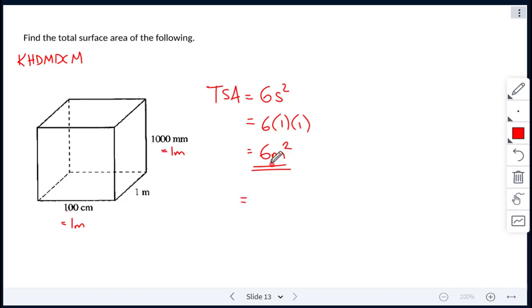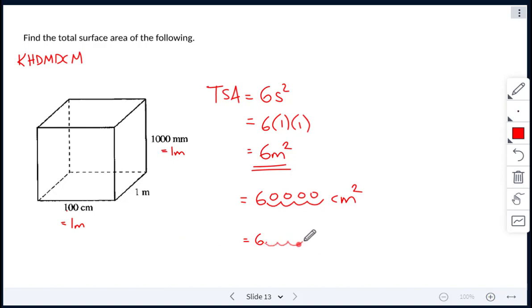So therefore, that would be equal to moving the decimal place 4 times to the right. So 1, 2, 3, 4. So that would be the same thing as 60,000 centimeters squared. And if we were to put that into millimeters squared, we're moving 1, 2, 3, 3 to the right, multiply that by 2, which is 6 places.